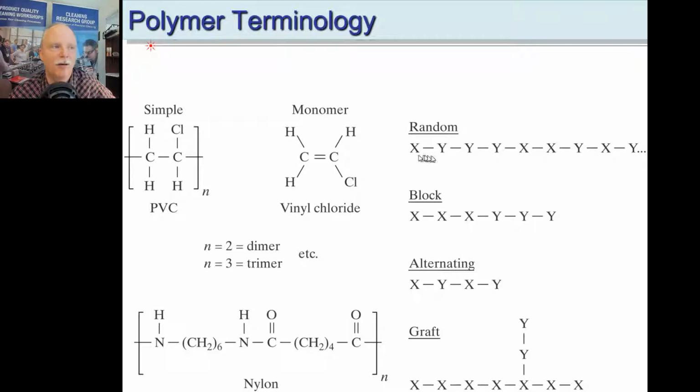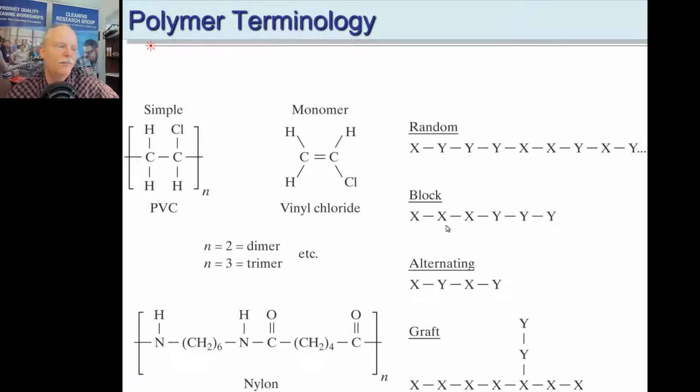And it might be vinyl chloride, styrene, styrene, styrene, vinyl chloride, styrene, etc. Or you can have a whole block, say, of vinyl chloride and then a whole block of styrene. So you polymerize those in a very short or rapid manner, and then you join the 2 solutions of trimers and then join those together to make a block copolymer.